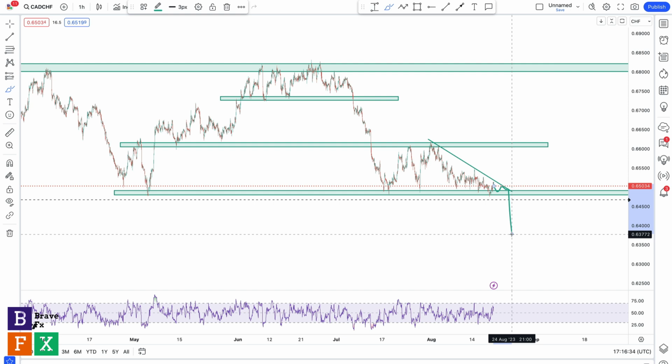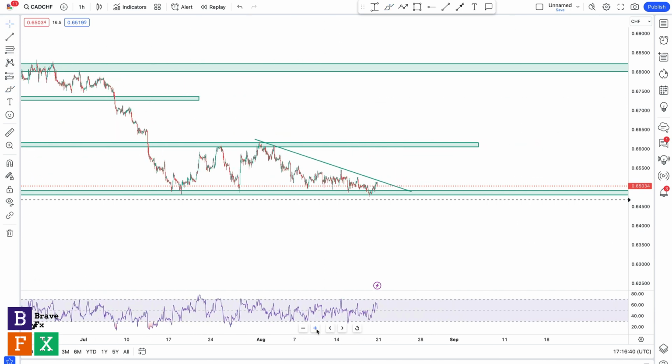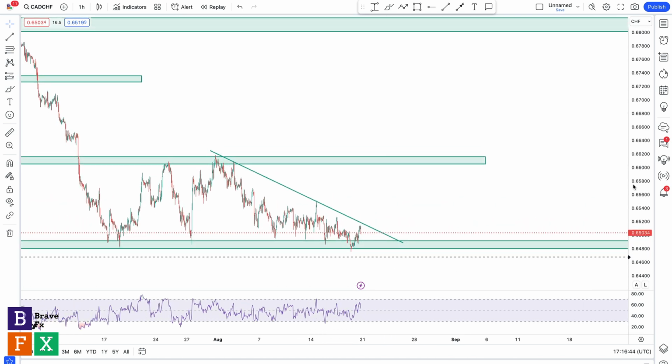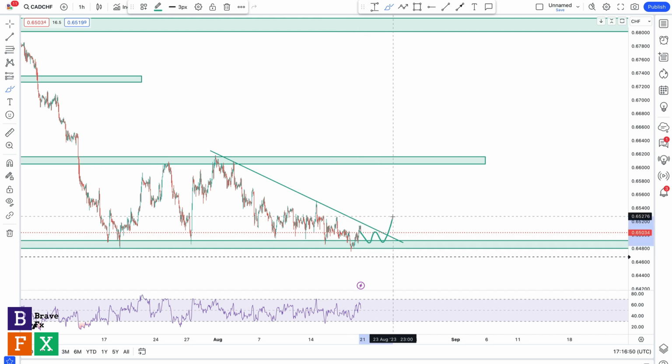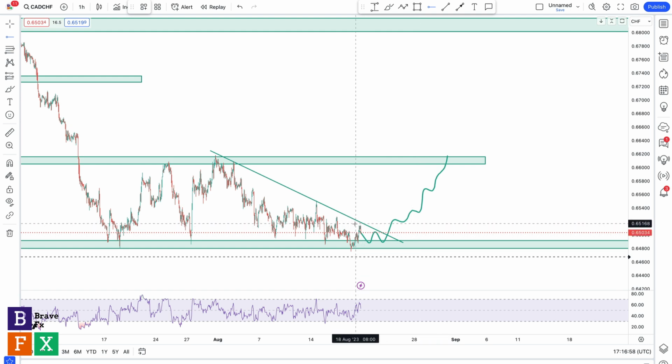The only reason we consider going long is if we indeed, I'm going to zoom in a little. If we take out this trend line, so let's say we get a good consolidation like this, and then we take out this trend line, this will be my confirmation to go long. I'll go long if the breakout takes out the previous significant high.